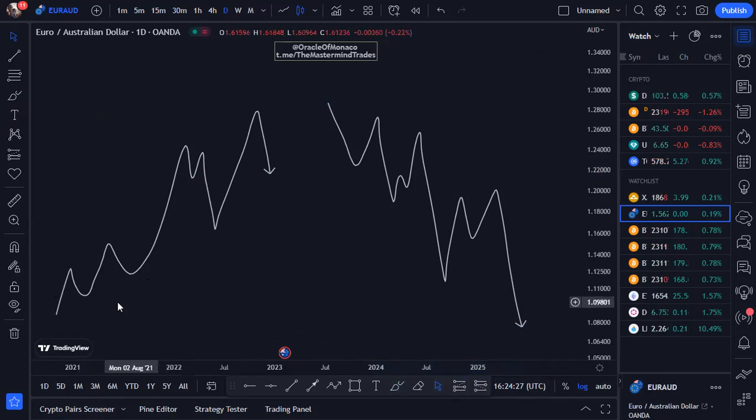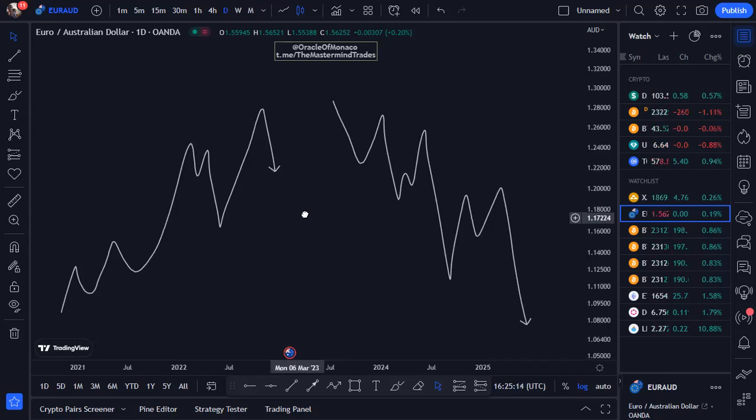The general market structure in an uptrend is characterized by higher highs and higher lows, while a downtrend is characterized by lower lows and lower highs. I'm not going to spend a lot of time explaining this because I'm assuming that we all already know this. If you don't, I would recommend that you check through my YouTube channel. You'll find a couple of videos where I either specifically talked about this or touched on it from one point to another.